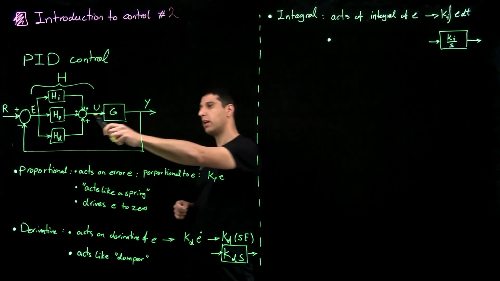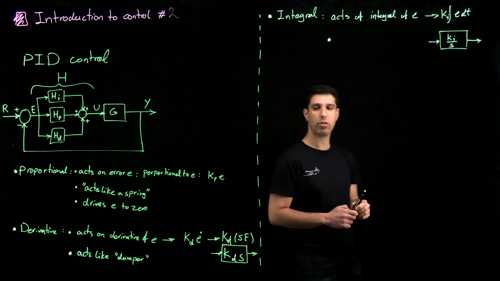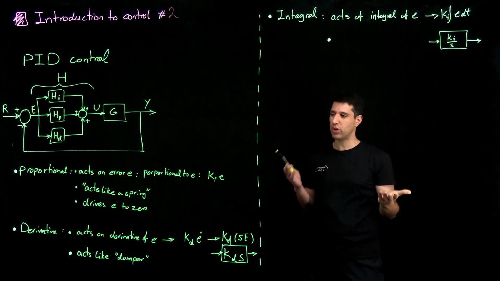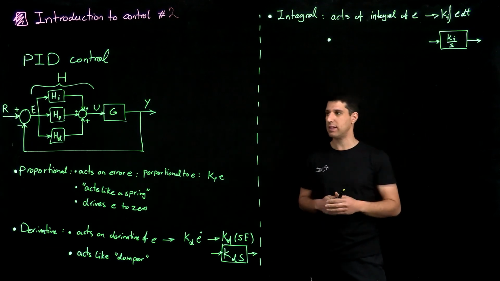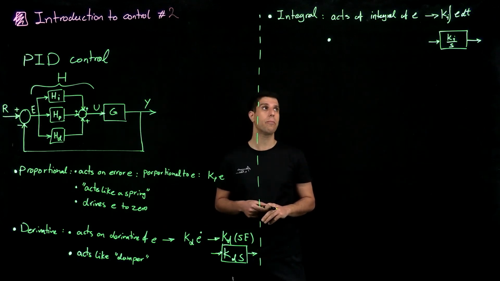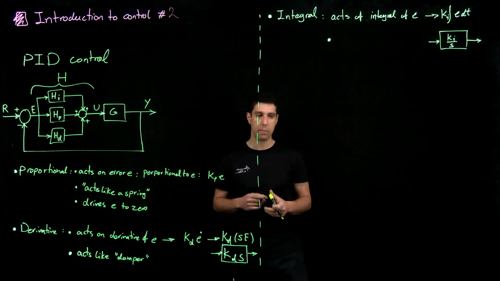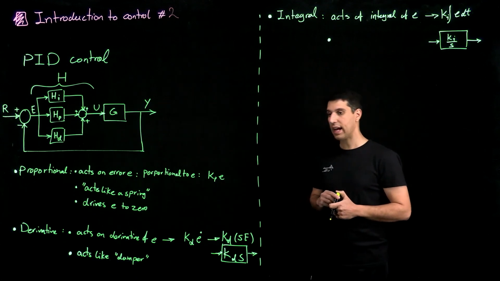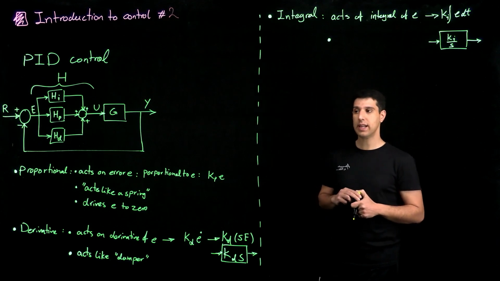But if I include an integral, it increases the order of the system to three. So essentially, after that, you don't really have a mass, spring and damper system. You have a system that is slightly different. So in some sense, you cannot just call it a damper or a spring. It is tempting to say it acts like inertia, and it kind of does that.